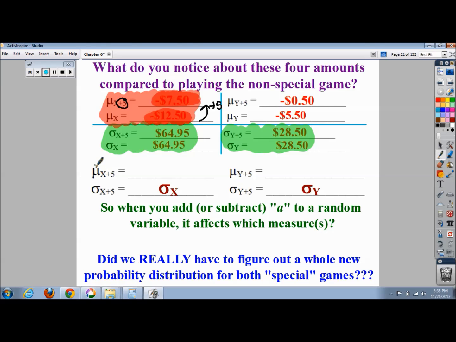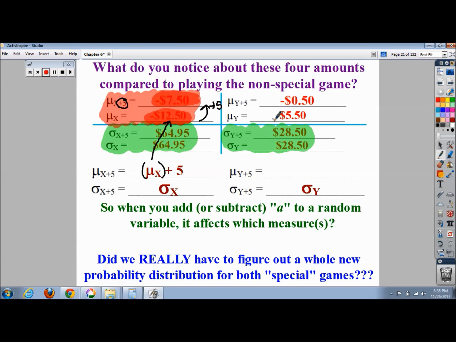So if you wanted to know what is the new mean if you knew the original mean, notice here what I've done is I've taken this plus 5 and moved it up. It's no longer a subscript. So I'm really saying this is the original mean. If you knew what that was, which was that negative $12.50 here, and you wanted to know the new mean of this random variable, all you'd really have to do is add 5 to it. And that's how we got the negative $7.50.